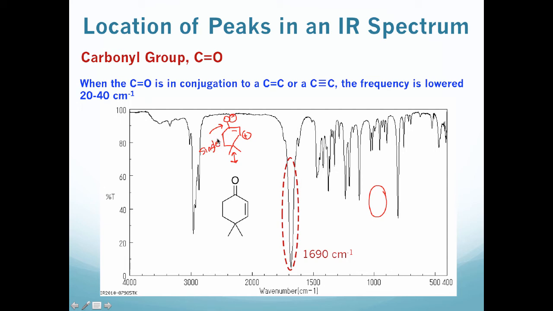That single bond character is what causes the stretching frequency to be lowered by 20 to 40 wave numbers. So in cyclohexanone we saw a stretching frequency of 1710. Well, now when this is in conjugation, it's been lowered to 1690, so lowered by 20 wave numbers. And that's a result of this conjugation, the single bond character in the carbon-oxygen bond.